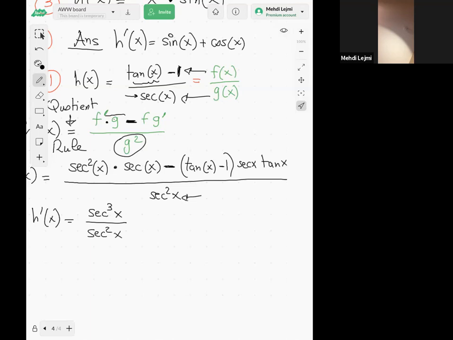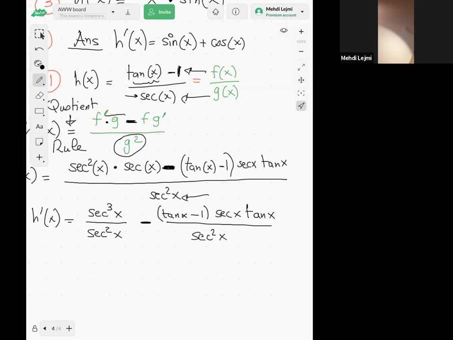Then there's a minus, and then we have tangent of x minus 1, times secant of x times tangent of x, divided, of course, by secant squared of x.